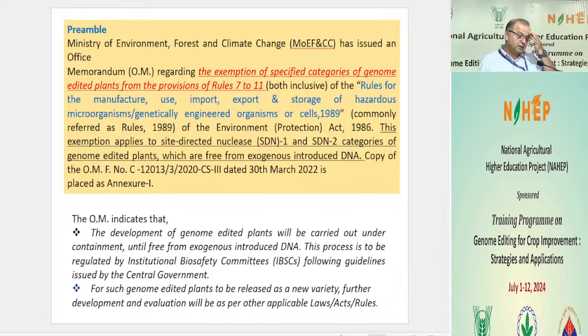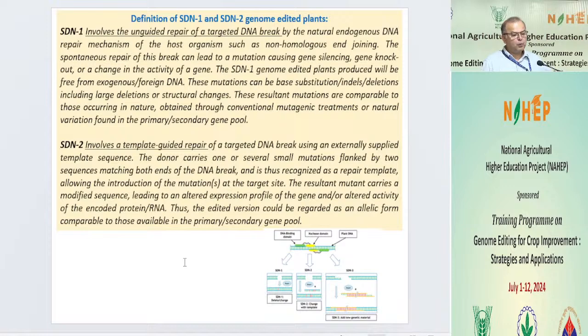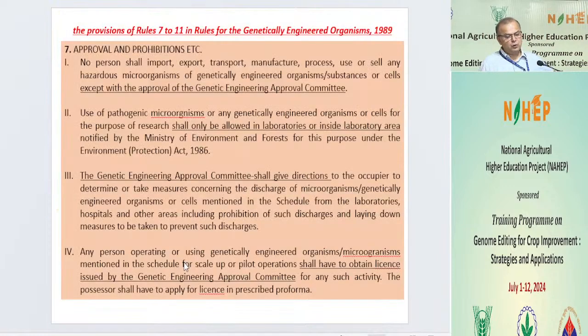The first thing is that import, export, transport, manufacture, sale of genetically engineered organisms are prohibited except with the approval of the GEAC, Genetic Engineering Approval Committee. So until and unless you submit your case and GEAC gives you approval, you cannot import, export, transport, manufacture, process or do any activity or sell a GMO.